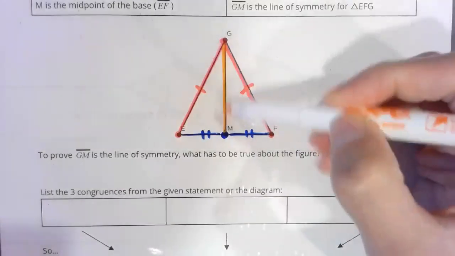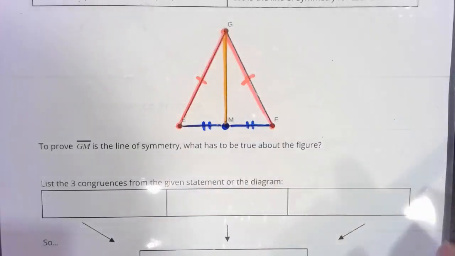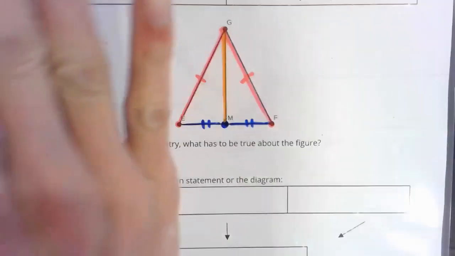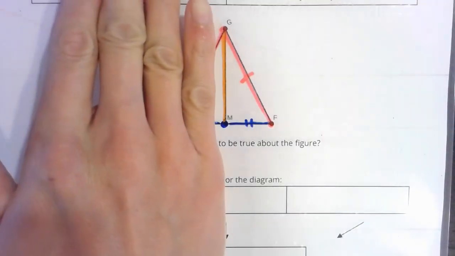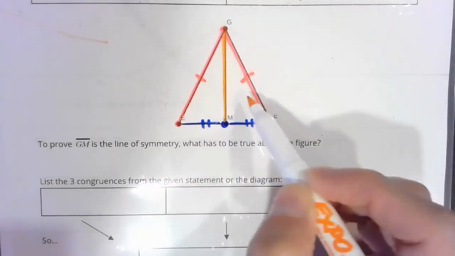So if this is a line of symmetry, that means everything on this left side has to be congruent to everything on the right side of this line of symmetry. And you can see that it's dividing this into 2 congruent triangles.